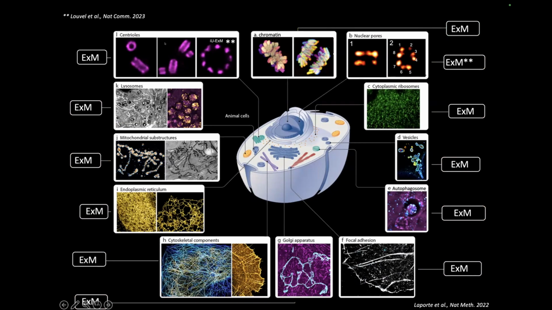This image of the nuclear pore and the top view of the centriole have been acquired using iterative expansion microscopy. But it's just to show you how simple it is to look at anything you want to look at. And I think that the other talk of this morning also proved this anyway.